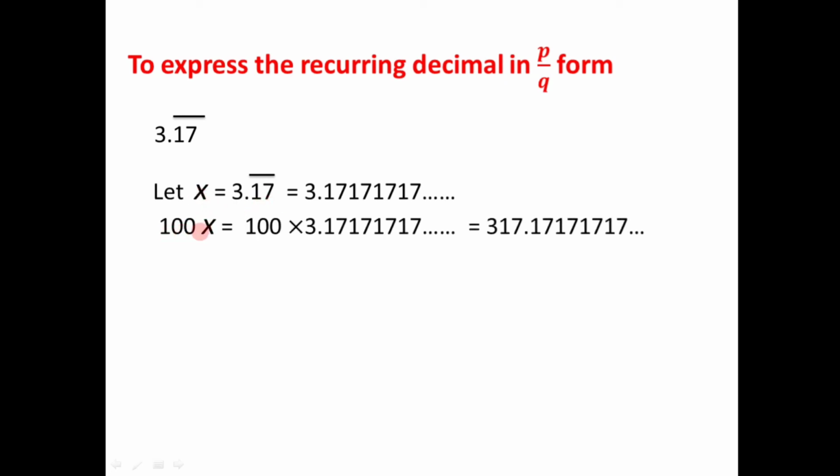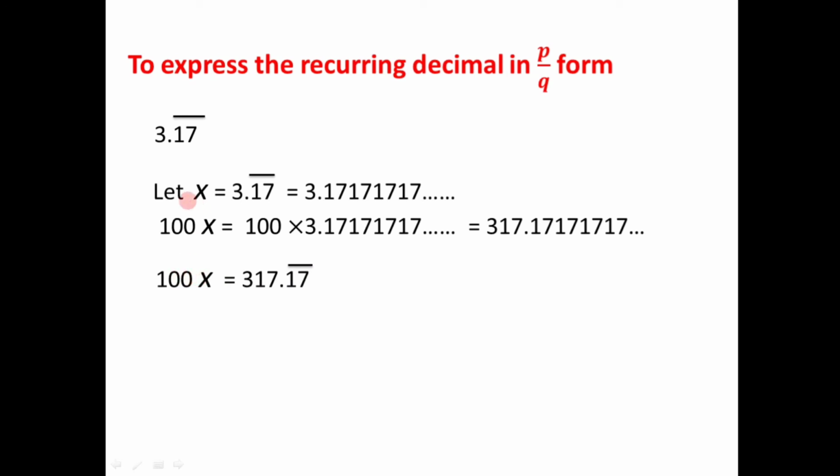So we get 100 into x, that is equal to 100 into 3.1717 and so on. As we are multiplying 3.1717 by 100, that means we have 2 zeros on 1. That's why we have to move the decimal 2 digits to the right so as to get 317.171717 and so on. So here we get 100x is equal to 317.17 recurring.